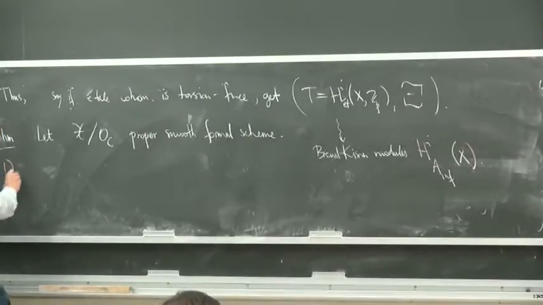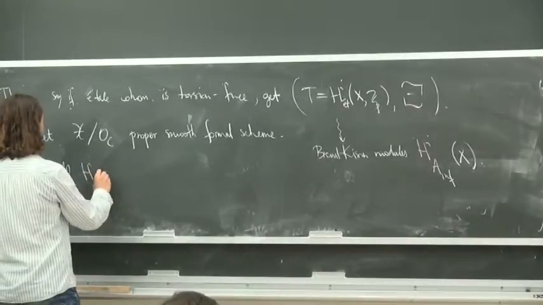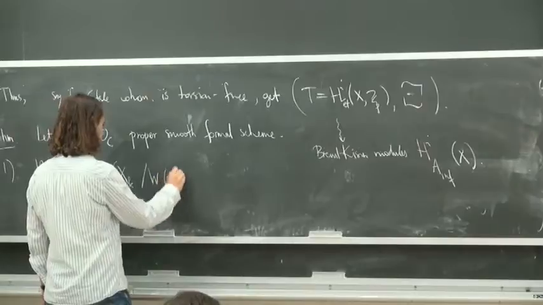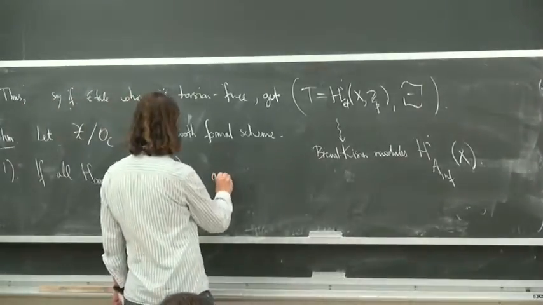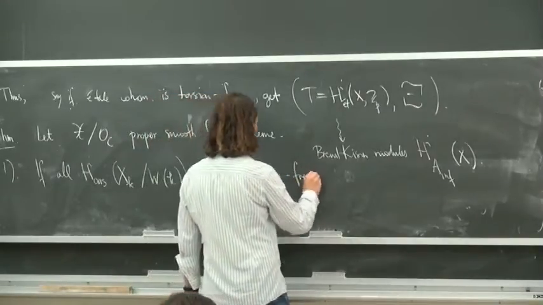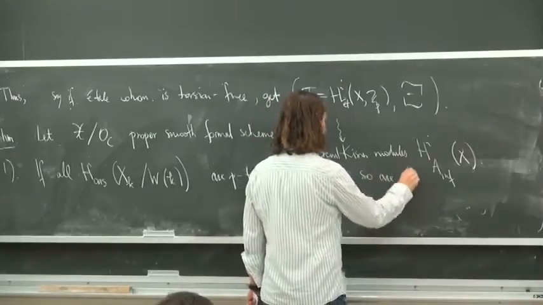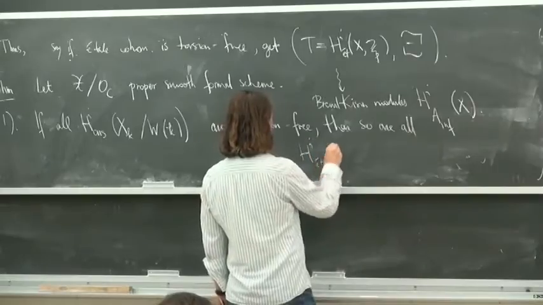Then part 1 says the following. If all crystalline cohomology groups of X over the special fiber to W(k) are p-torsion free, then so are all H^i.